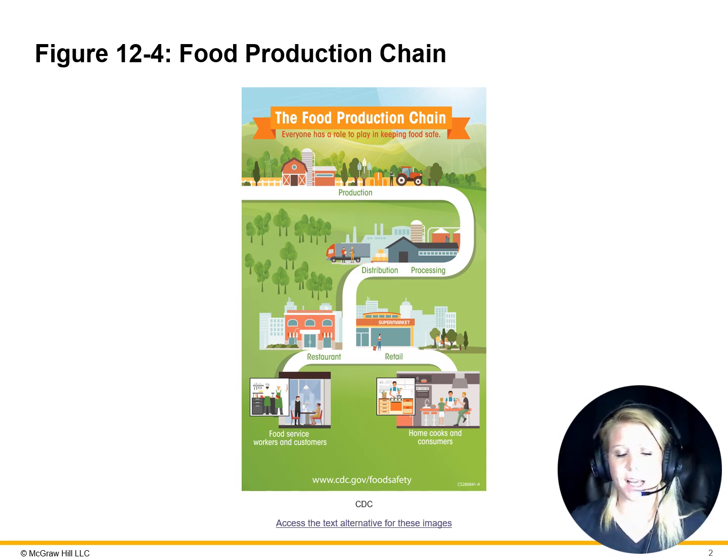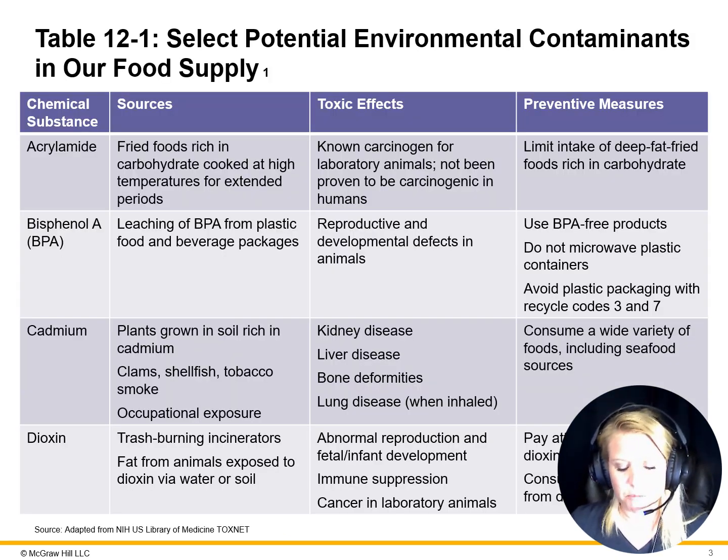And we have to understand all of the ways for foods to become contaminated, but also learn how we as consumers, and maybe also as producers, can minimize our risk associated with exposure. All right, so I'm not going to read over every single one of these on this slide and the next, but this table 12.1 gives you some of the potential environmental contaminants that are circulating out there in our food supply, all the way from acrylamide to BPA that is very common amongst plastics, and then dioxin too.